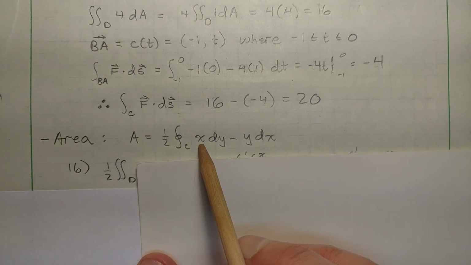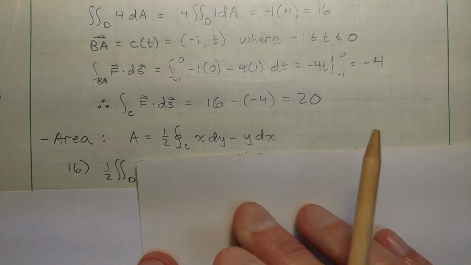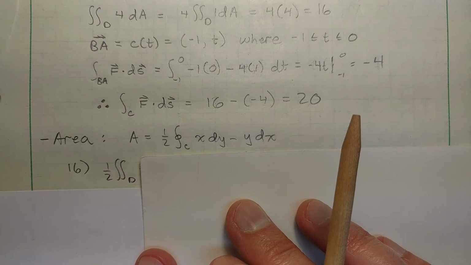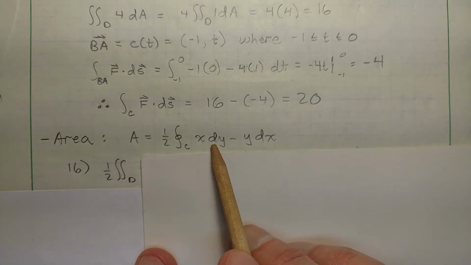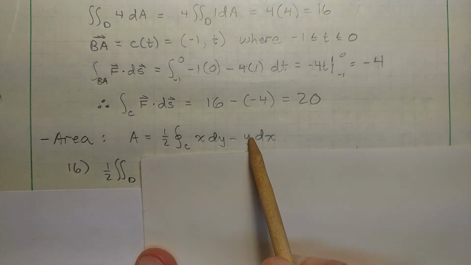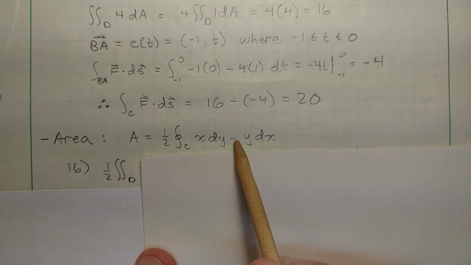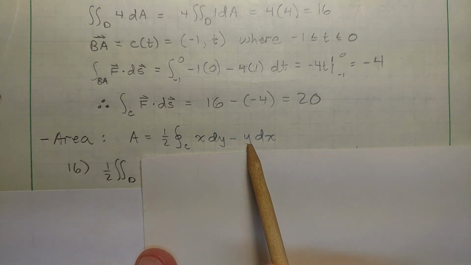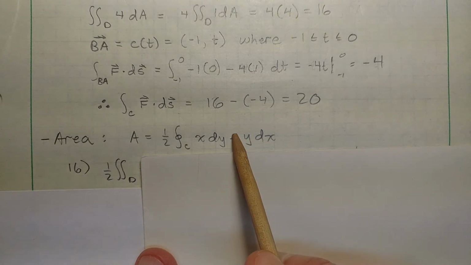Notice this becomes a Green's theorem situation. But you have to be careful here. The x term is this negative y here. That's actually the x value in our slope field.